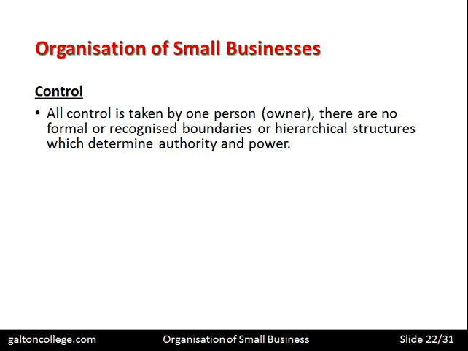And so there are no hierarchical boundaries, but one person is in control of everything. Now, again, that means less bureaucracy, but it also is dangerous because one person can't be an expert on everything, and the potential is there for mistakes.